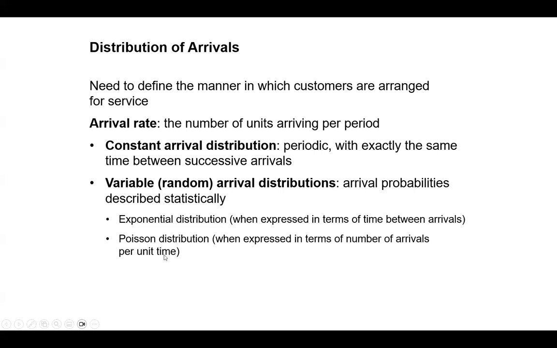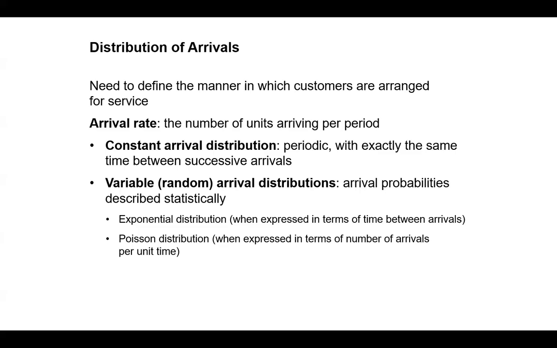These two distributions are statistical tools we use to analyze the probabilities of arrivals. The difference is that with the exponential distribution, we focus on time: how long you may wait for the next customer arrival. While with the Poisson distribution, we focus on the number of arrivals.